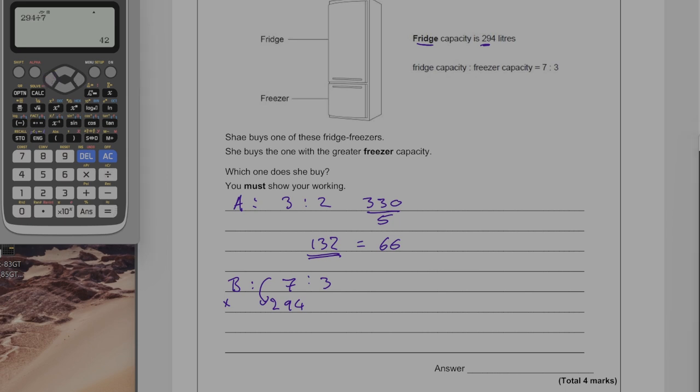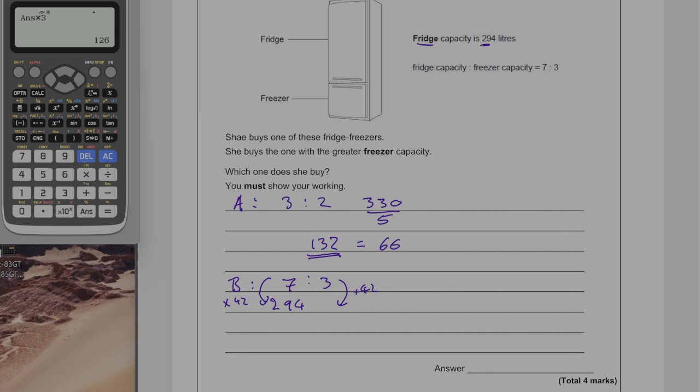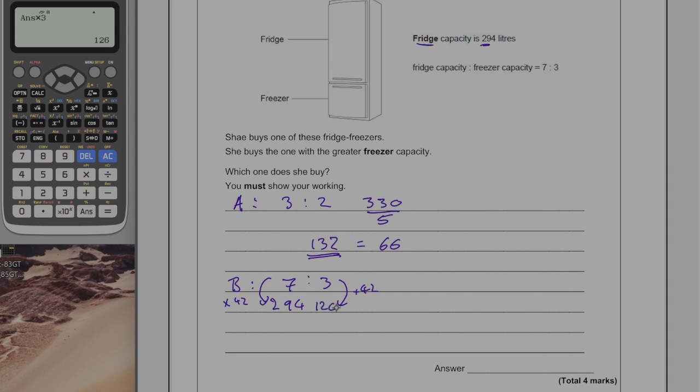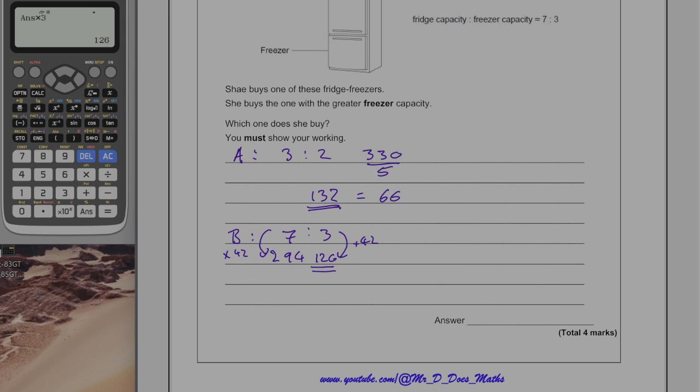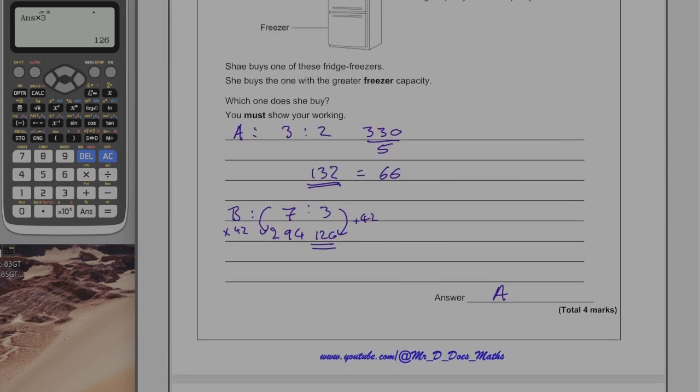So 294 divided by 7 is 42, which means that the freezer capacity of the second fridge is going to be 3 times 42, which is going to give me 126. So the one that has the larger capacity is going to be fridge freezer A. I'll just say A, 132 is greater than 126.